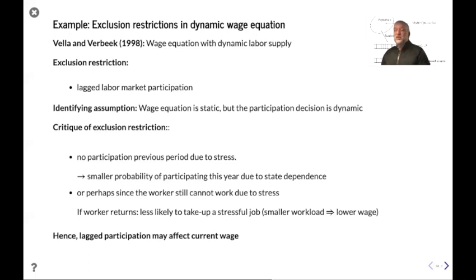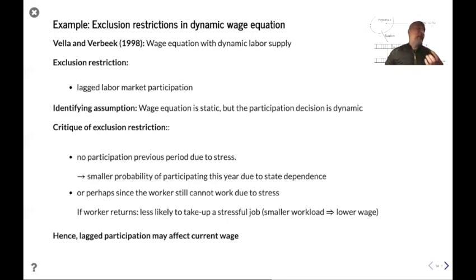And so then you get an effect on a lower wage from the lagged participation restriction as a causal effect, not just because of the sample selection, but because of this unobserved variable: what is the state of that worker right now in terms of health and stress and ability to work and earn high wages. So maybe lagged participation may actually affect the current wage. That's a potential issue here.